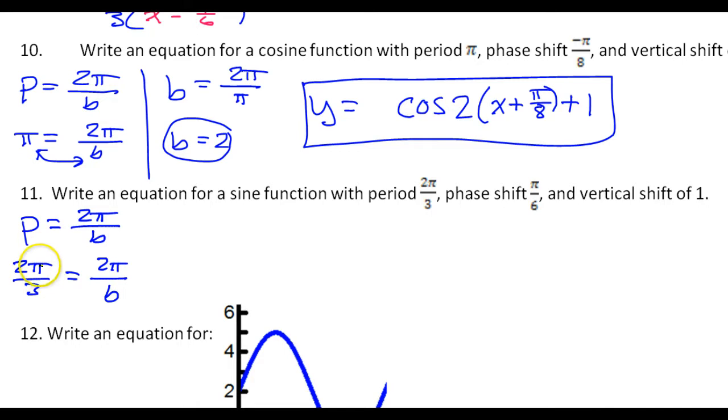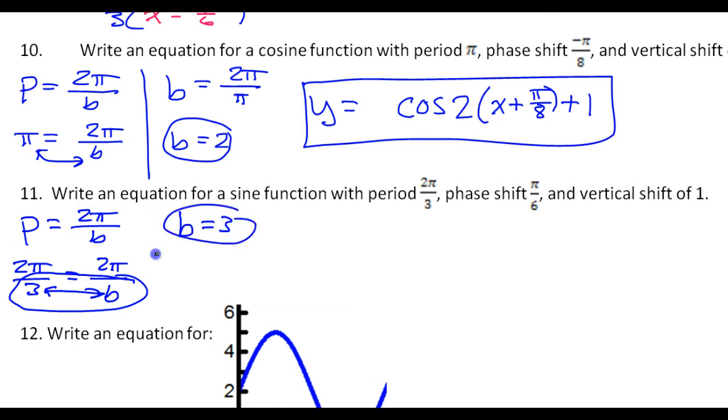Well, this one's a little bit simple because you see 2 pi over 3, 2 pi over b. Guess what? b is 3. It just lines up directly. Hopefully you can just see that b is 3 without cross multiplying. Feel free to cross multiply if you need to.